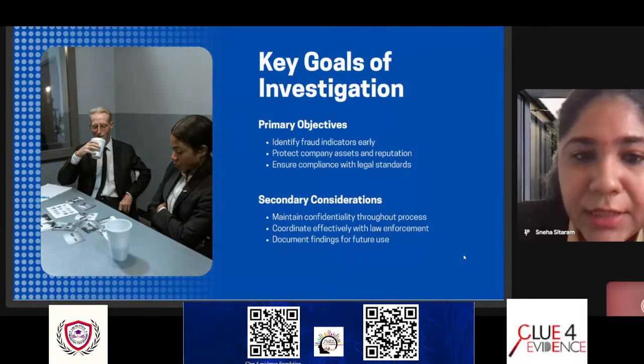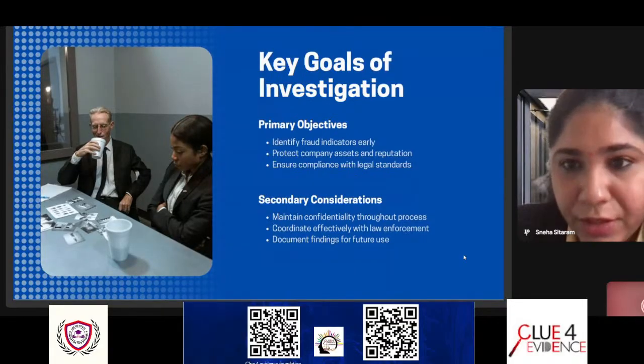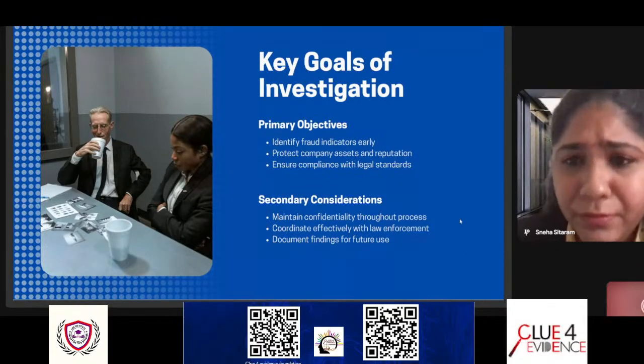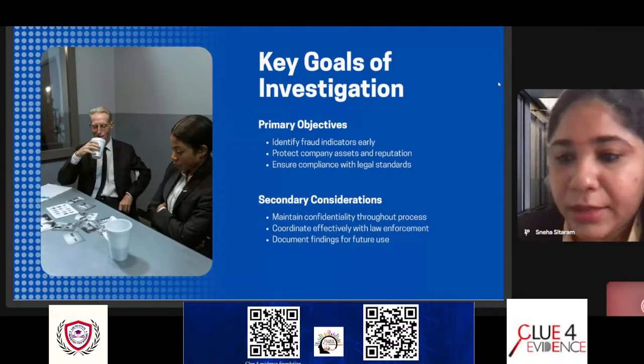And the secondary consideration is confidentiality, which we already spoke about. We will be talking about this confidentiality throughout this session, because it is a very critical process.